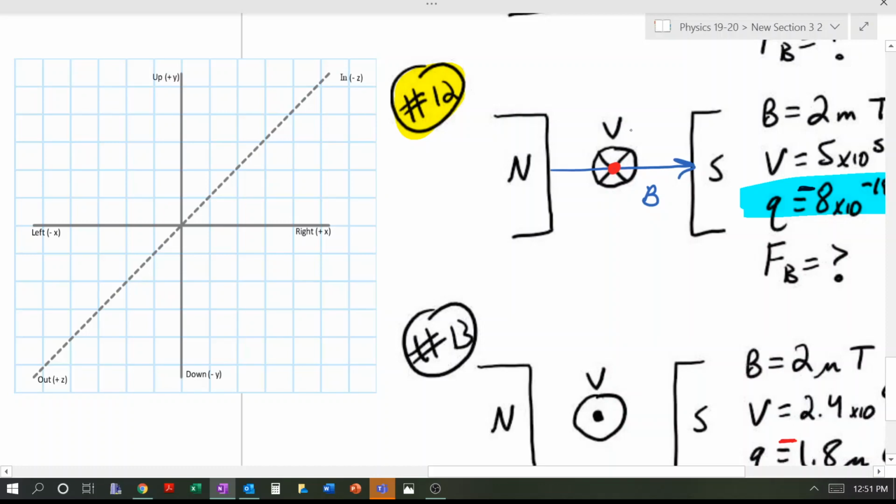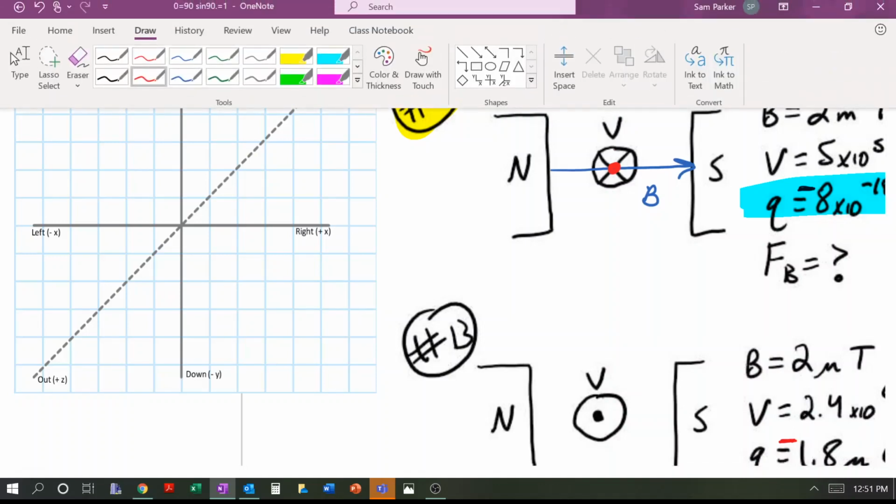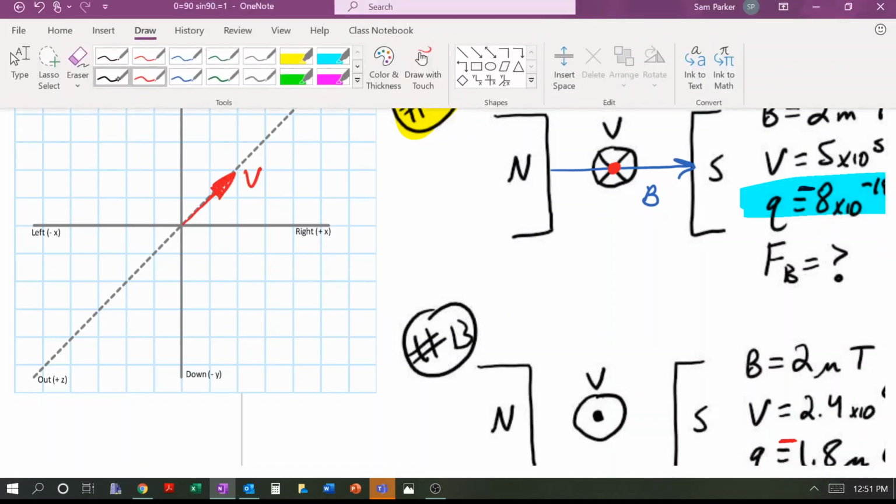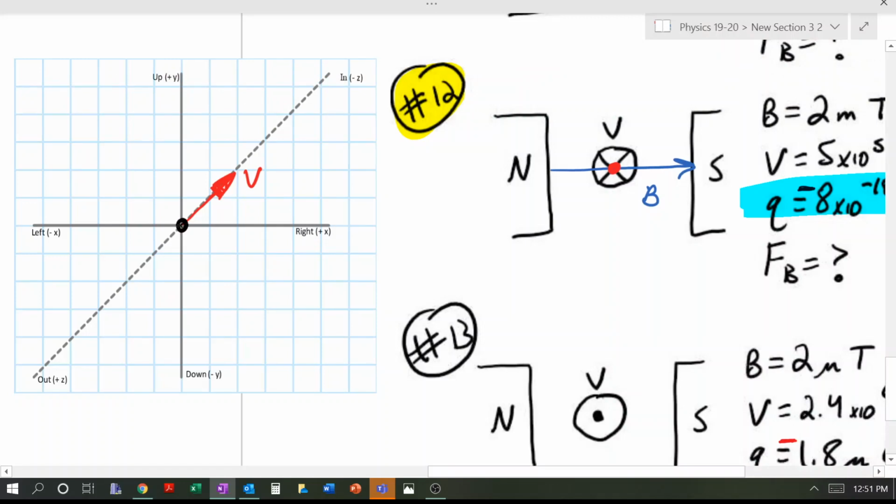And since it's labeled with V, we know that the velocity is into the page. So V is on the negative Z axis going into the page, and B at the location of the charge, which is negative, is to the right.